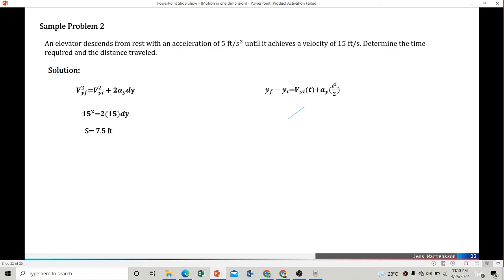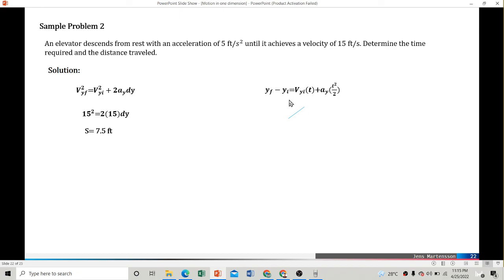Now for the time, we already have the distance, the final distance, the acceleration, and the final velocity.